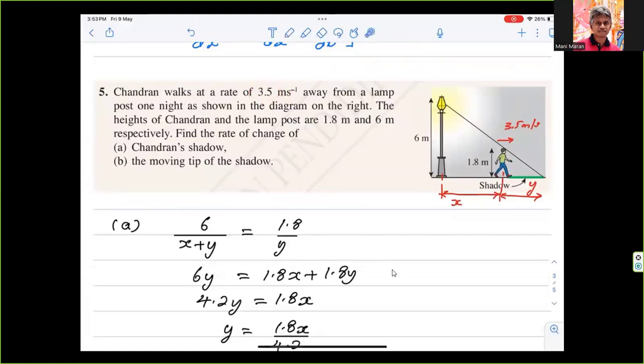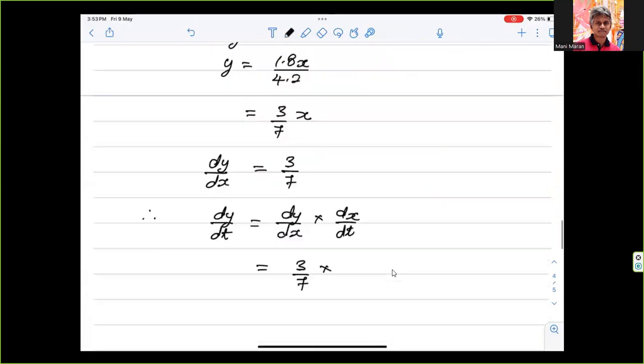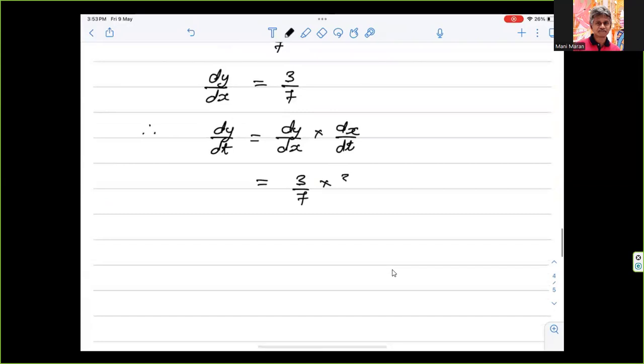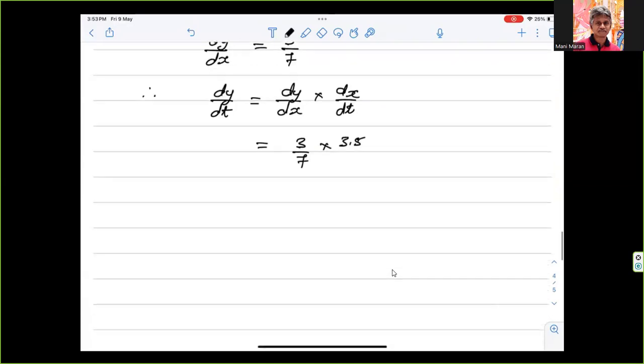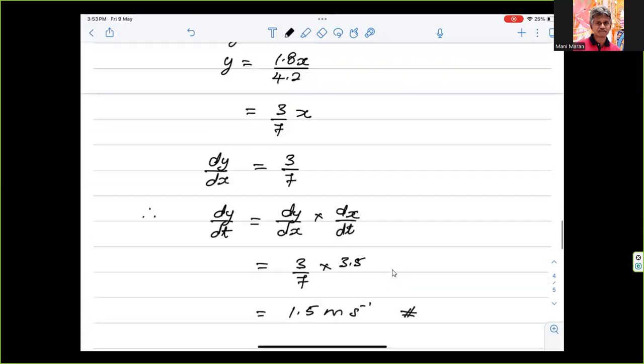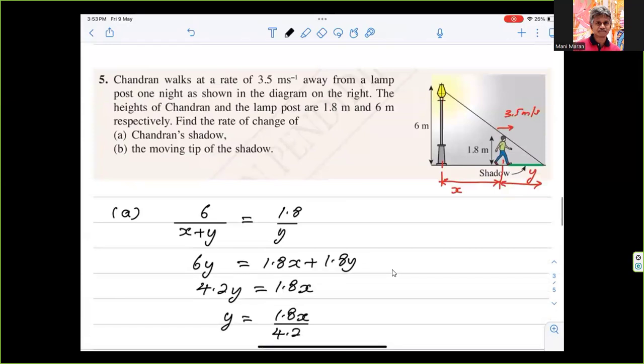Because the person is moving away, x is changing at a rate of 3.5 meters per second. So we multiply by 3.5 and get 1.5 meters per second. This is the answer for the first part, the rate at which the length of the shadow is changing.